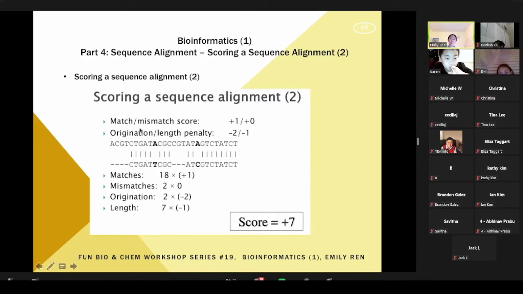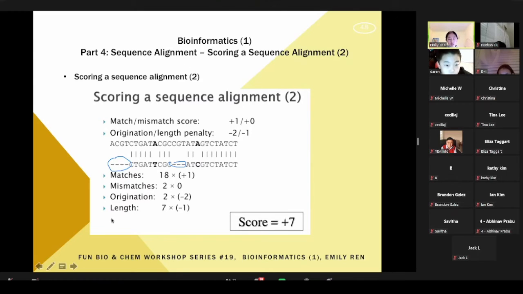For scoring a sequence alignment, we can also use origination and length. So for origination, what this means is the number of total opened gaps that we have. So here we have 2 gaps because that's this one and this one. So that's 2 gaps for the origination.